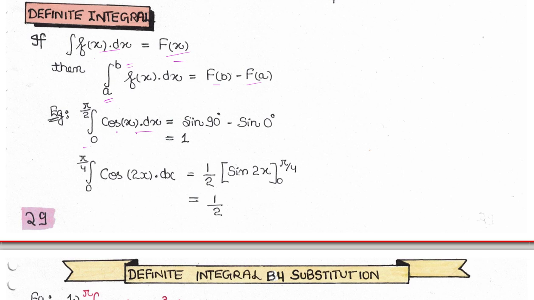We know the integration of cos x is sin x, and here we put the upper limit first, that is sin of π by 2 or 90 degrees, minus sine of its lower limit, that is 1. Similarly, you can find the integration of cos 2x dx with lower limit 0 and upper limit π by 4.